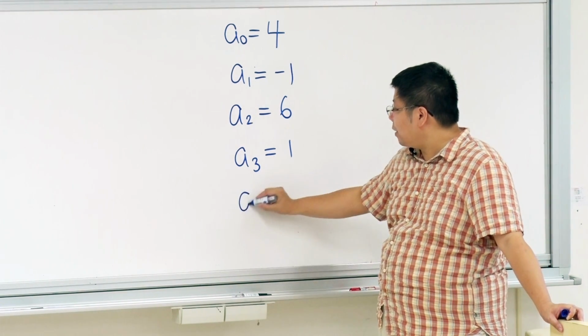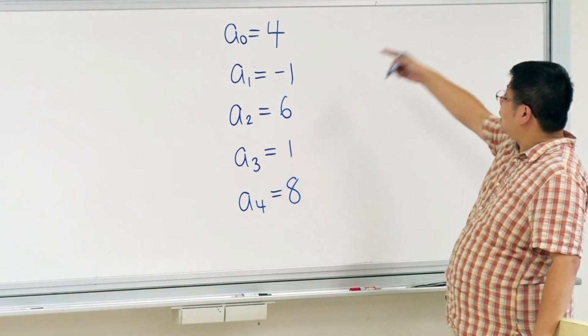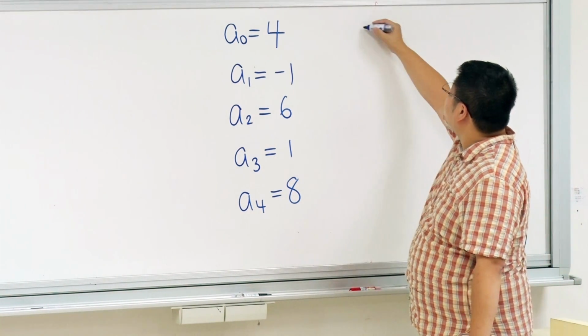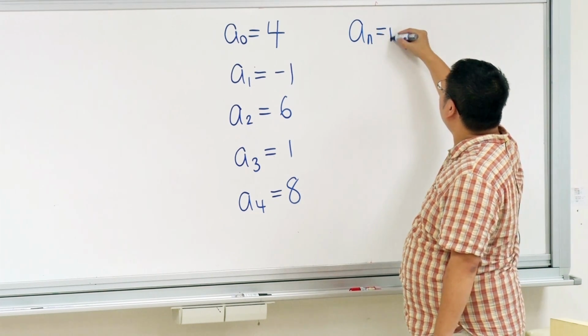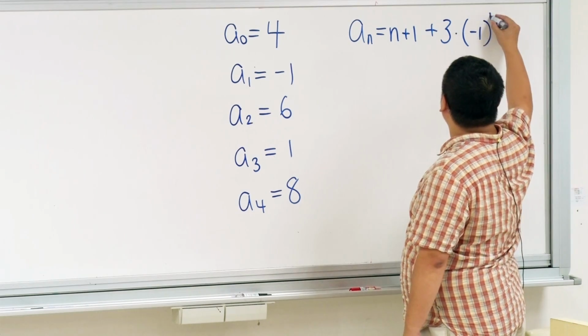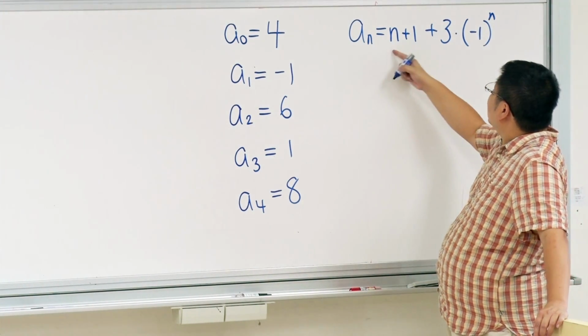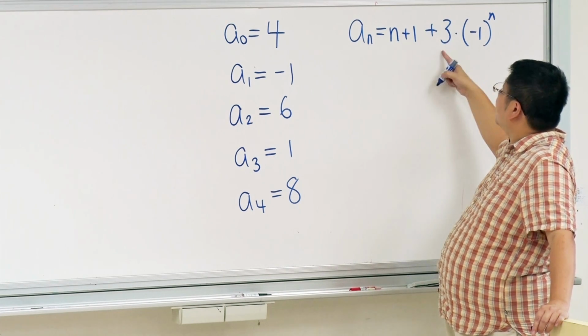Is that okay? So we must have a_4 equal to 8. It's something like this, right? Let's check the formula whether a_n equal to n plus 1 plus 3 times minus 1 to the power n works. Okay? So when n is equal to 0, this is going to be 1 plus 3.